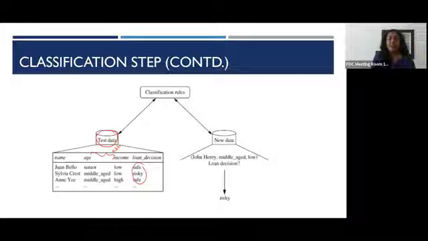So suppose now for the first row, the machine predicts risky. For the second row, the machine also predicts risky. For the third row, the machine predicts safe. Now, what is the accuracy level? How many predictions are accurate? This is the actual one, this is the predicted one. But how many are actually correct?